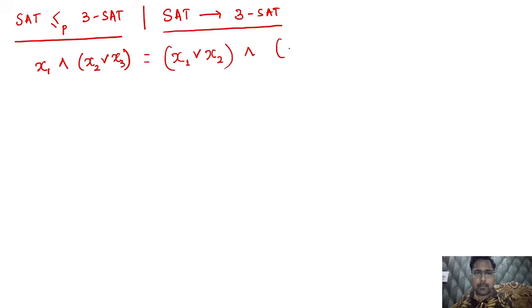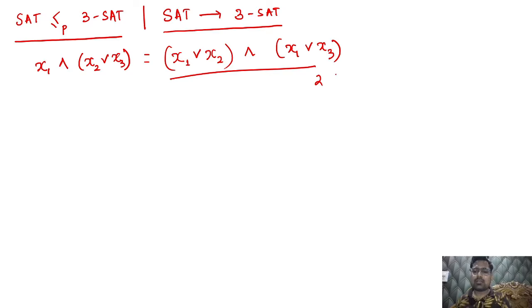Next, this is a rule, a formula, which I've just used. Next, x2 and x3 both, but x1 is common; up to this we can say it is 2 SAT.